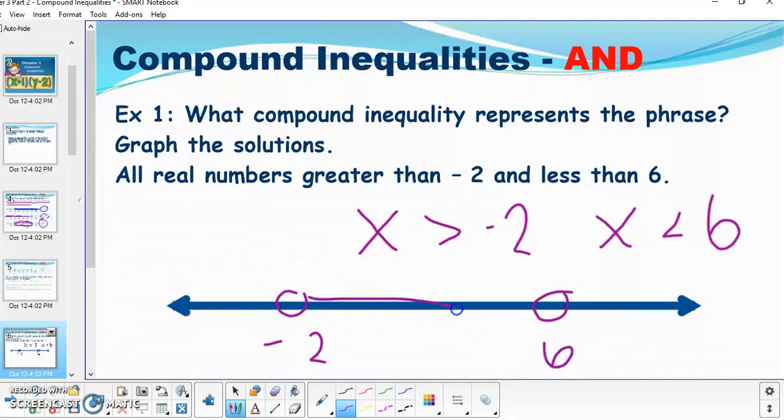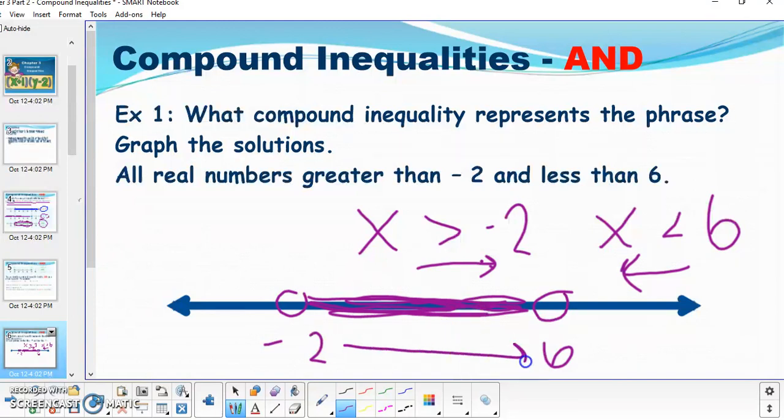I'm just graphing, and I shade in the direction of the inequality sign. Here it's going to the left, I shade to the left. Here it's going to the right, I shade to the right. So that means all the numbers in between -2 and 6, not including -2 and 6 because it's an open circle, will make the inequalities true.